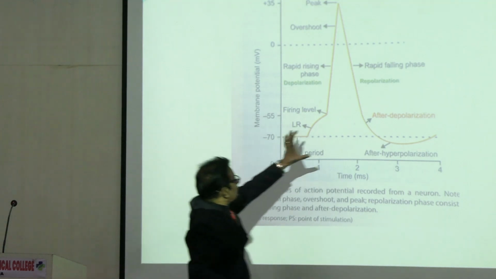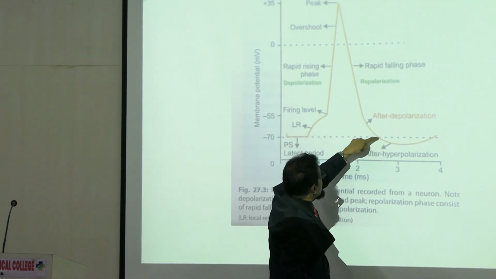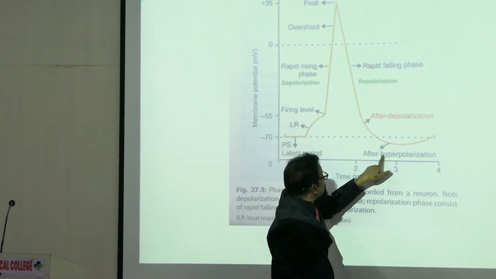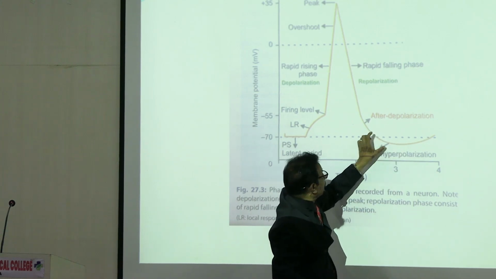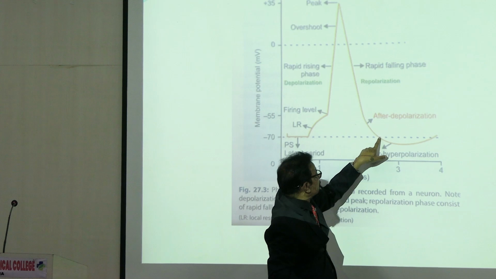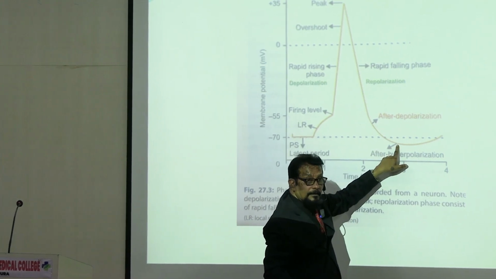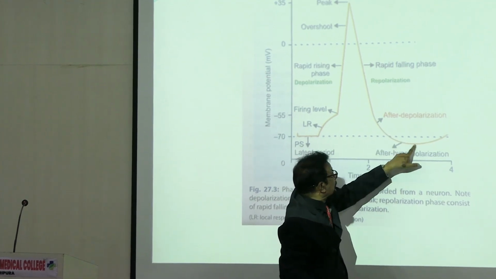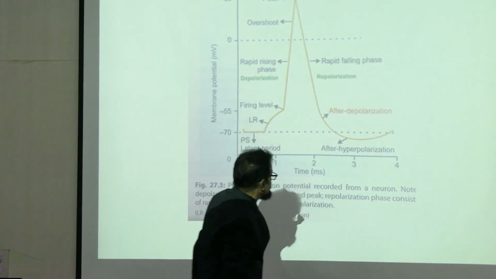The slower part is after depolarization, and when the membrane potential goes below the resting membrane potential, that is called after hyperpolarization. Why did it happen here? Because still some potassium ion is going out, and here the sodium potassium pump started operating.